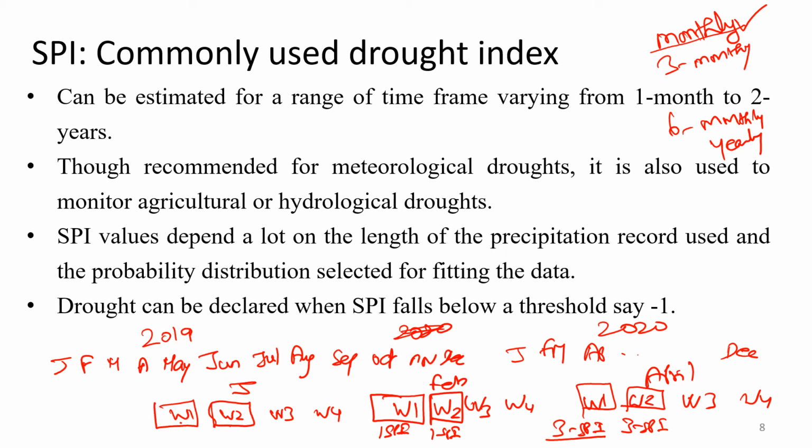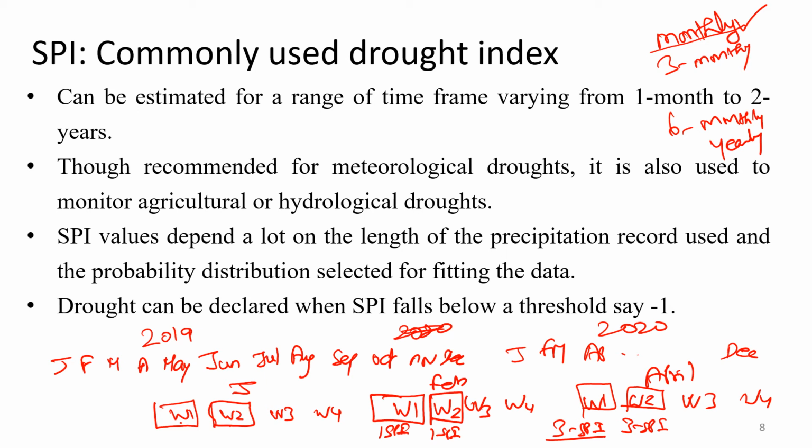Though recommended for meteorological droughts, SPI is also used to monitor agricultural or hydrological droughts. Studies have shown that 3-month SPI is correlated with agricultural drought, 6-month or 1-year SPI is correlated with hydrological drought, and so on. And also, SPI values depend a lot on the length of precipitation record used. As I said, SPI involves some sort of statistical transformation, fitting a distribution to data.